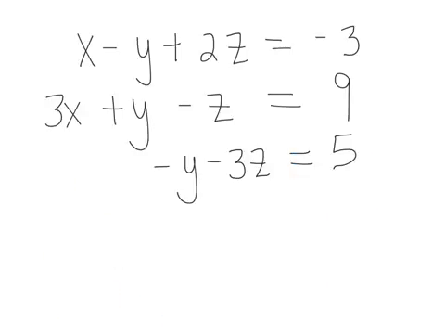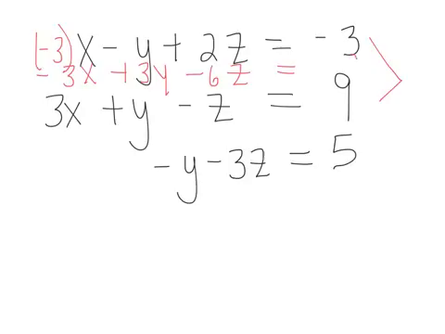Now I'm going to go through and eliminate x again. So to do that, I've got to multiply this equation by -3. I'm going to work with my top two equations again. So it's that top one that's locked in place. It becomes -3x plus 3y minus 6z equals 9.